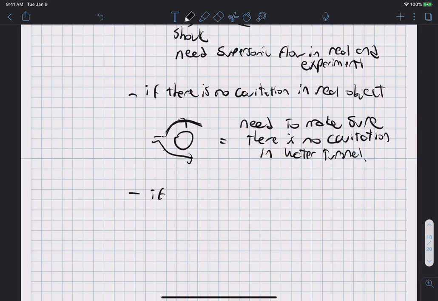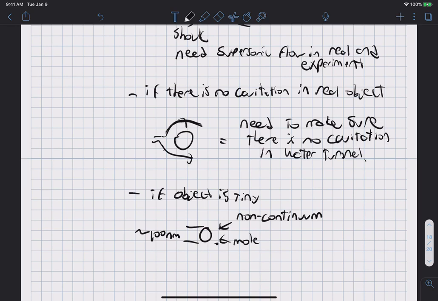So, for example, if the object is tiny, and by tiny I mean the diameter is on the order of 100 nanometers, so extremely small, well, here this is a non-continuum. Remember, I talked about that in the beginning of class, and essentially what that means is that you can actually physically count the molecules.